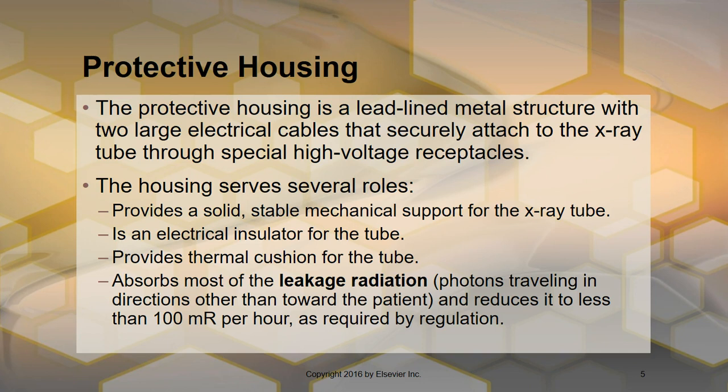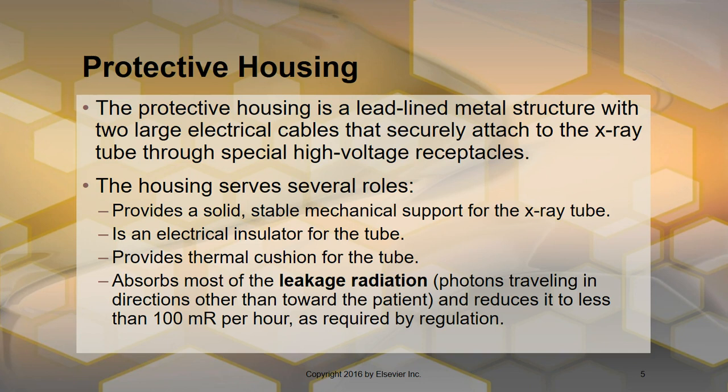X-ray production itself is rather inefficient, and a lot of the electrical energy that goes into it is converted to heat. The reason this housing is made out of metal is so that it has an oil bath in there and some cooling fans that help dissipate the heat away from the tube, and that in itself protects it from thermal damage.